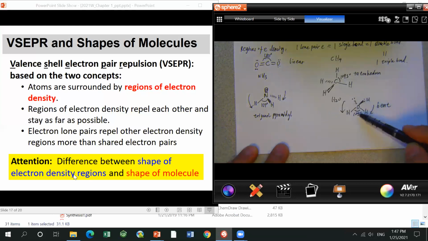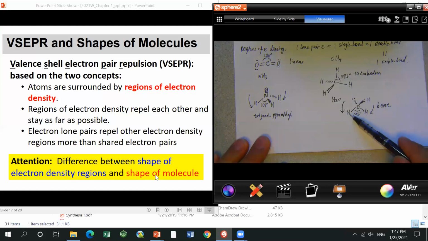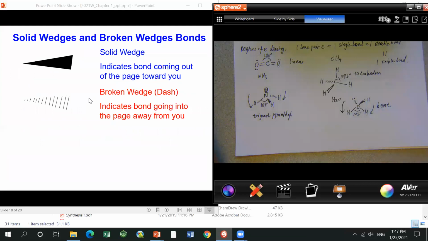So for water, the shape of electron density should be tetrahedral. But if I ask about the shape of the molecule, you only need to count bonds and atoms. So in this case, water should be bent. So be a little bit careful. Do you get it?